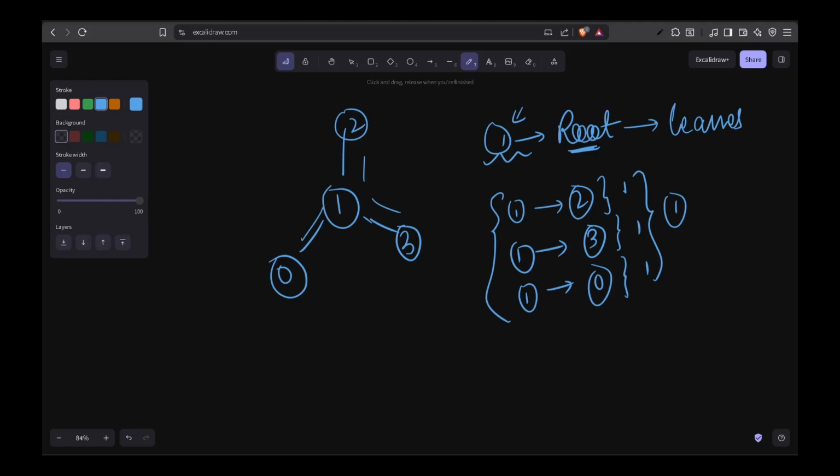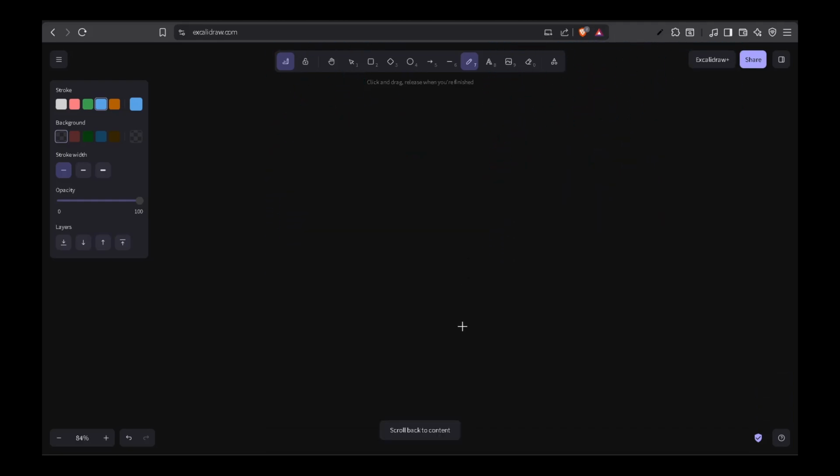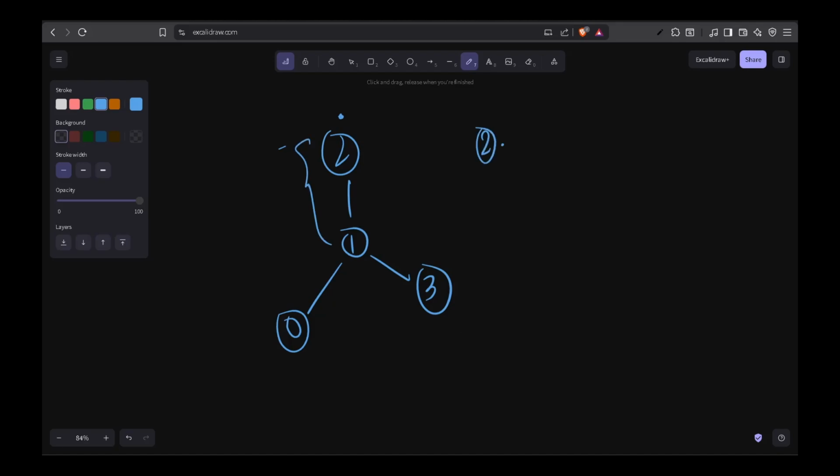But if we do the opposite, what do I mean by opposite? If I start traversing from 2, in order to find 1, how many traversals do I have to make? From 2 to 1. If I start traversing from 0, how many traversals do I have to make? From 0 to 1. Then from 3 to 1, right?